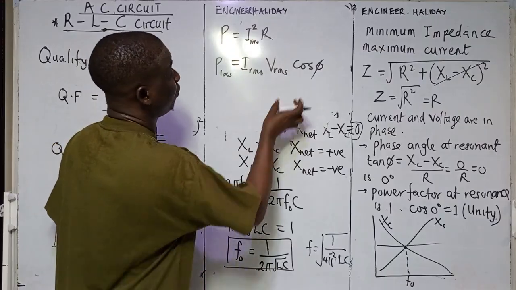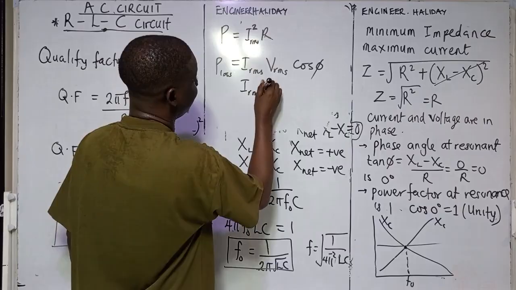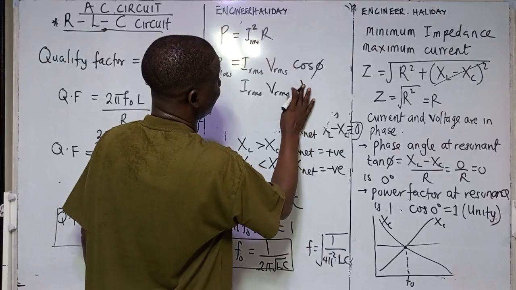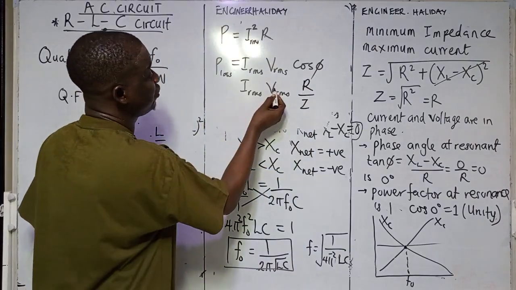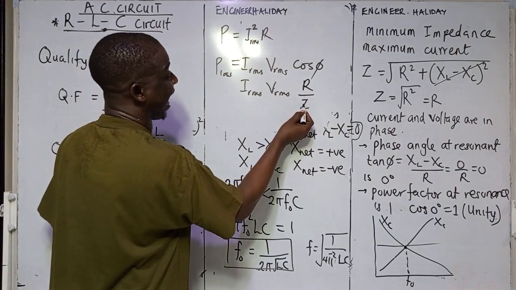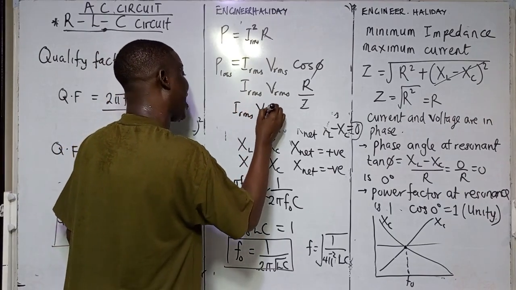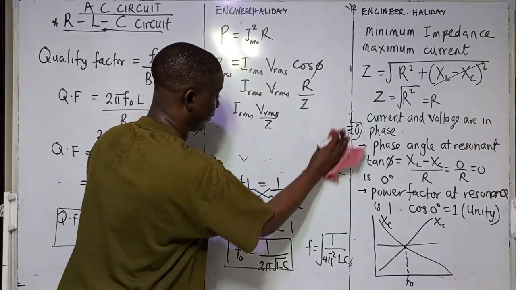If you study your physics very well, you notice that power loss is I RMS times V RMS times R over Z. Remember that V over Z is I. So if I say I RMS times V RMS over Z, times R, I'm not out of place.